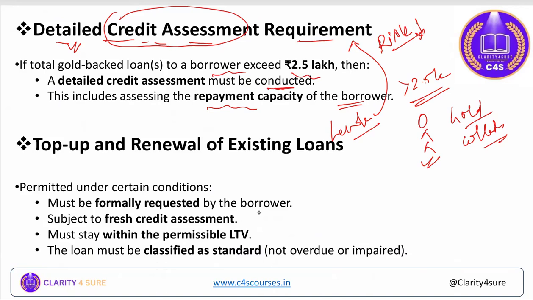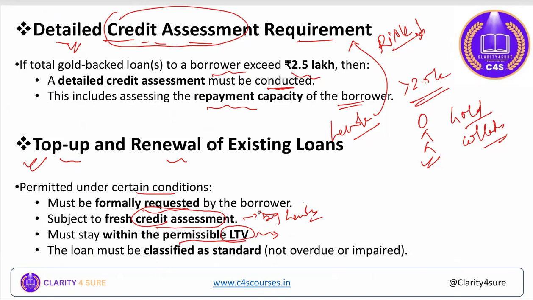Now, top up and renewal for existing loans. It is permitted under certain conditions. In what condition can one top up their loan or renew their existing loans? So what are these conditions? It must be formally requested by the borrower, means in the form of a letter or email, he or she must request for the further loan. Fresh credit assessment should be done by the lender. It must be within the permissible LTV.